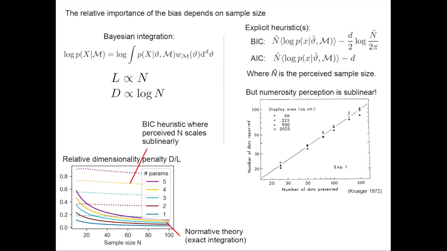You can see that this relative penalty would scale differently. Okay, fine. So what we're going to do is come up with an experiment that tries to exploit this phenomenon to say something about the type of heuristics that people may be employing here.